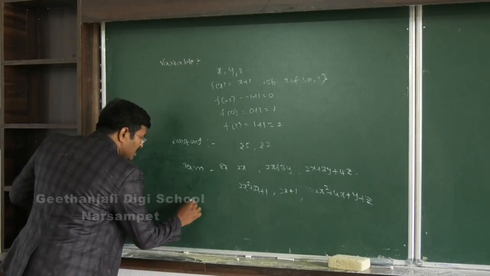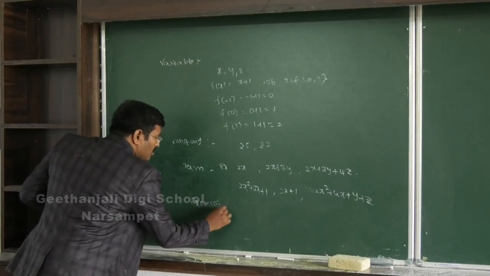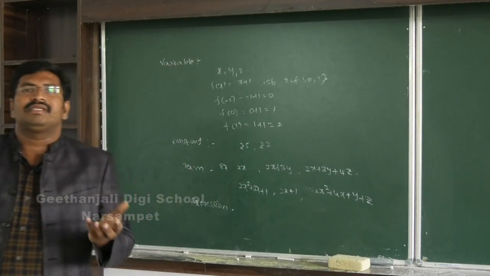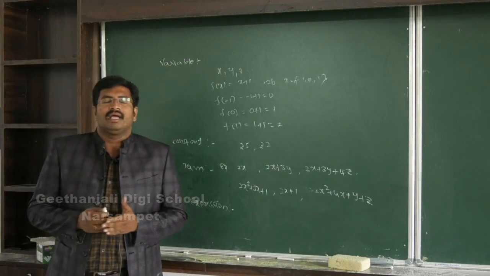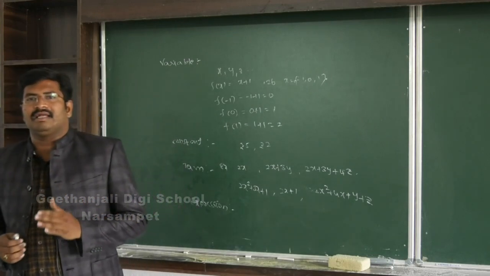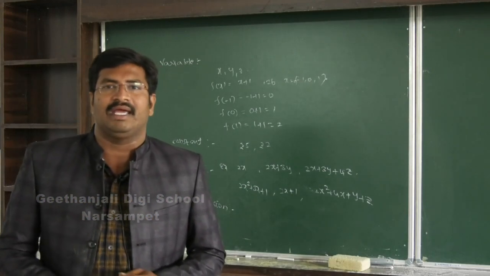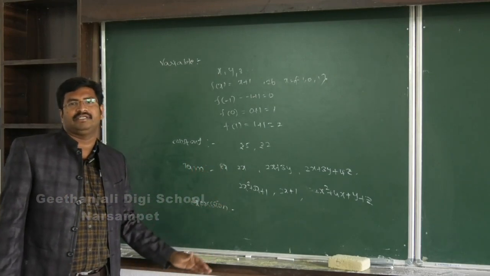Then next we will go for the expression. Already you know expression from the previous classes. Terms connected by plus or minus is nothing but an expression. These are all examples for the expression only.